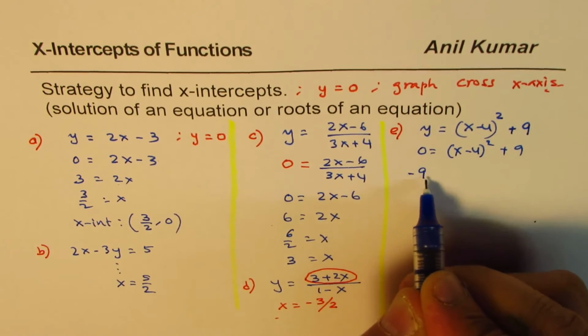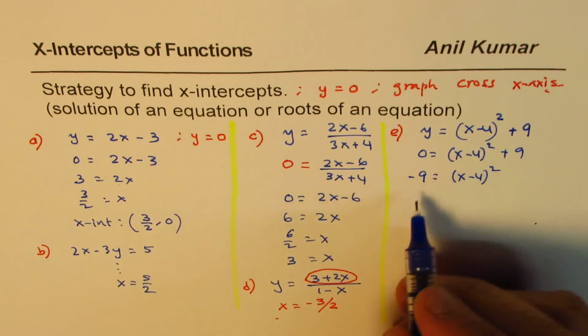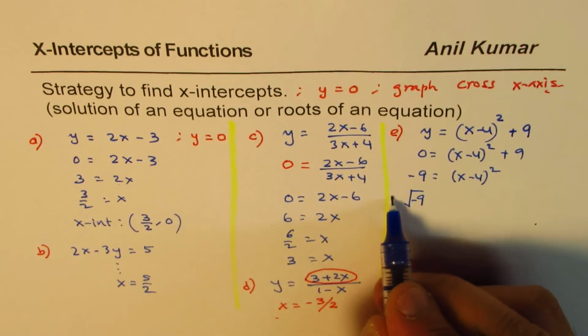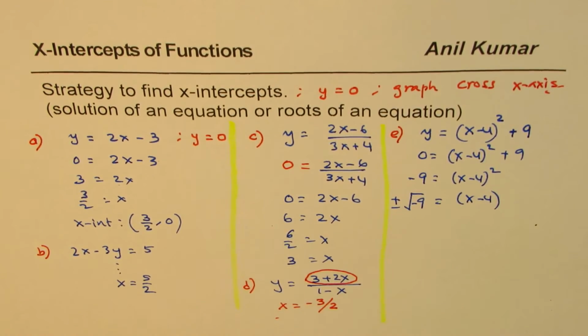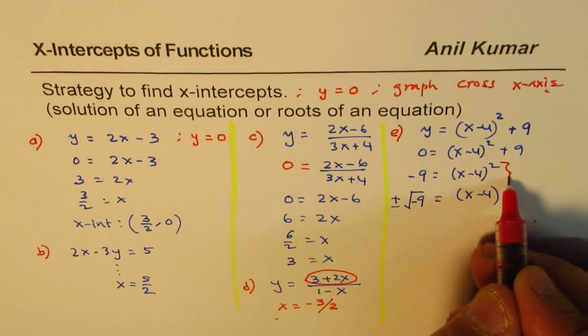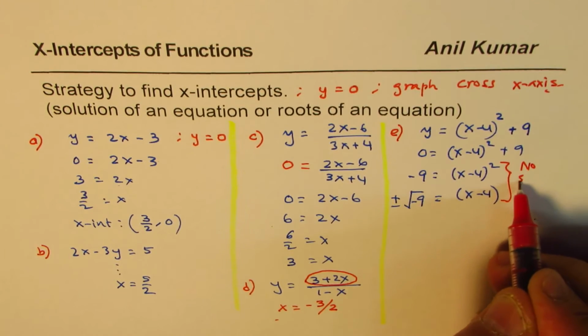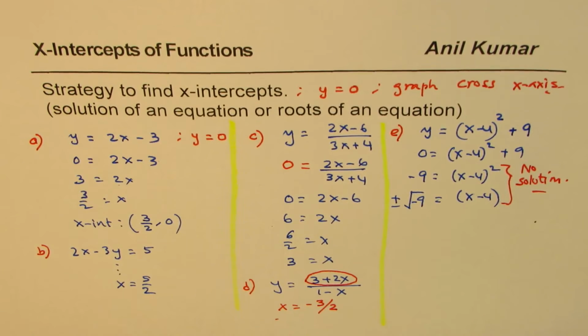Bringing 9 over gives minus 9 equals (x minus 4) whole square. Now the square root of minus 9 equals x minus 4. Well, that is not real. A square cannot be negative. So there is no solution. At times, you may not have any solution for the x-intercept.